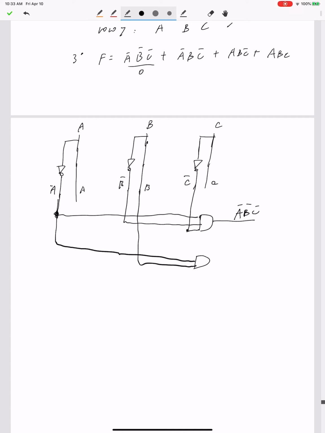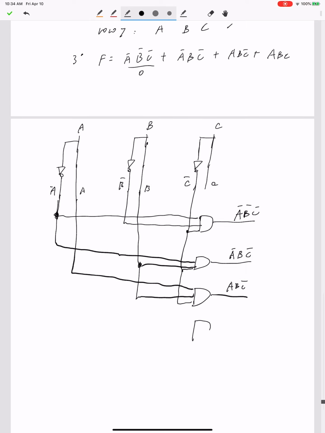C bar is this line. Three inputs together, the output is A bar, B, C bar. The third term is A, B, C bar. So we need A, we need B, and we need C bar. This line is C bar, right? So the output is A, B, C bar.